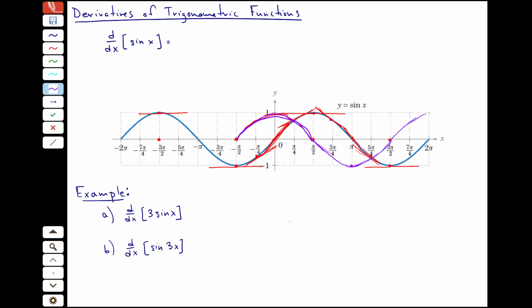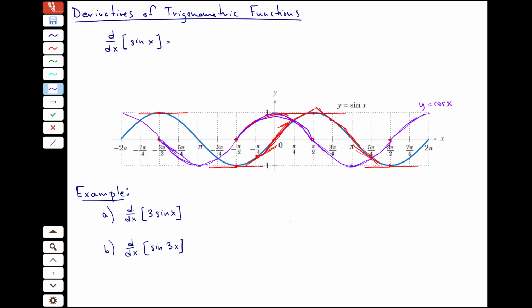I can keep on graphing the slopes of these tangent lines, and what we end up getting is this curve here. And now maybe you've realized this already, or maybe you'll notice it once I point it out to you, but this purple graph that I've drawn, that is the derivative of sine, well, that is cosine.